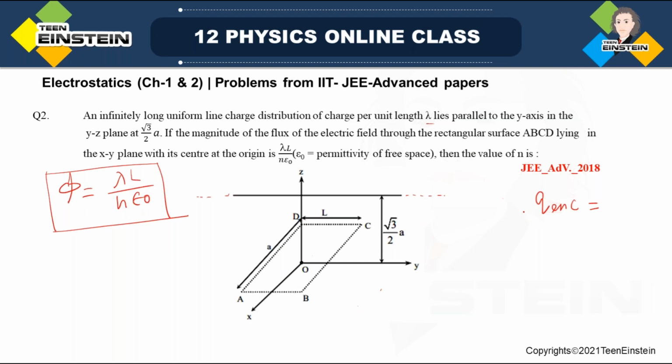This is the true fact you have to understand. Now since this wire is in the YZ plane and this surface is in the XY plane, the whole wire may not be contributing to the electric flux.